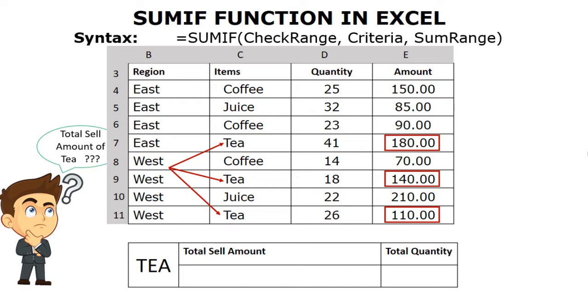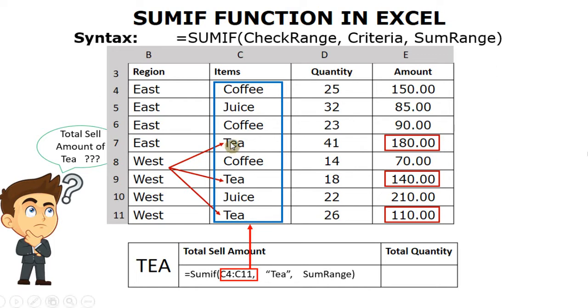Here criteria is T. The check range is the item column, which represents the check range parameter where all types of items are mixed up. I've already told you that criteria is T. And sum range is the amount column.